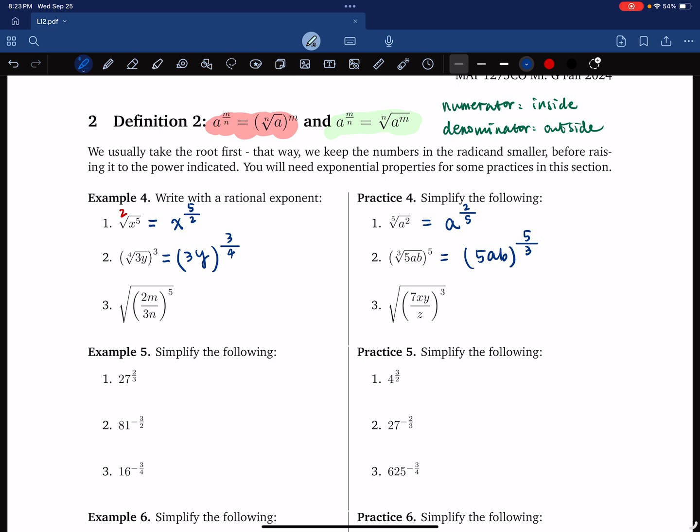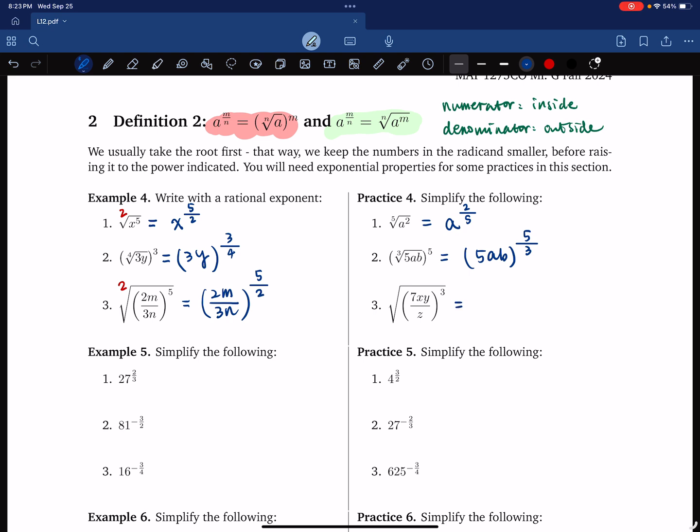Number 3, on the left-hand side, the base is 2m over 3n. And the index is 2. It's a square root, so I could put a 2 right here. And that's your denominator. Your exponent is 5, so that's your numerator.